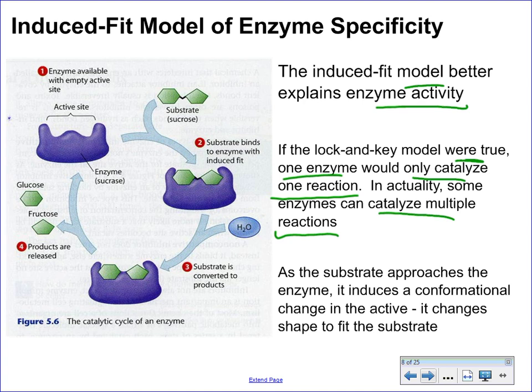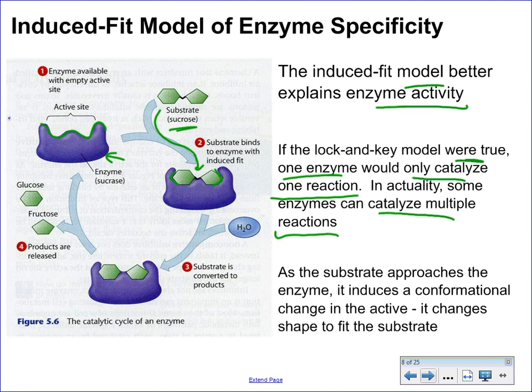So the way the induced fit model works is that we have our enzyme, and here we have our active site on the enzyme. As the substrate, in this case sucrose, comes into contact with the active site and binds to it, the active site changes its shape to better fit the substrate. So in a way, there is a conformational change in the active site to better fit that substrate.